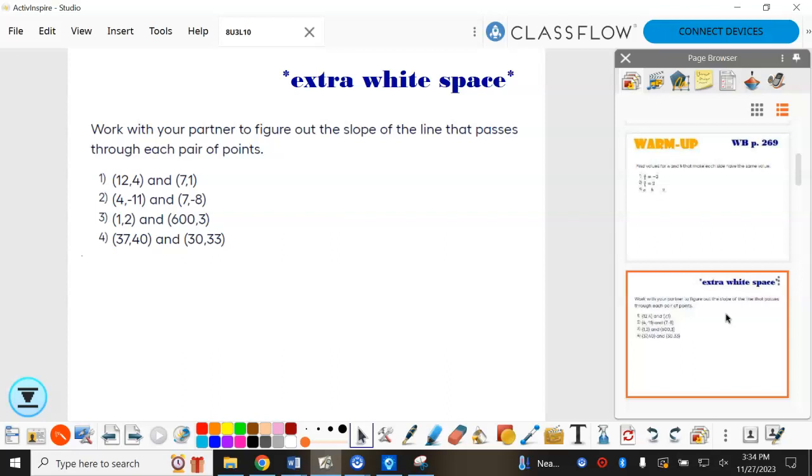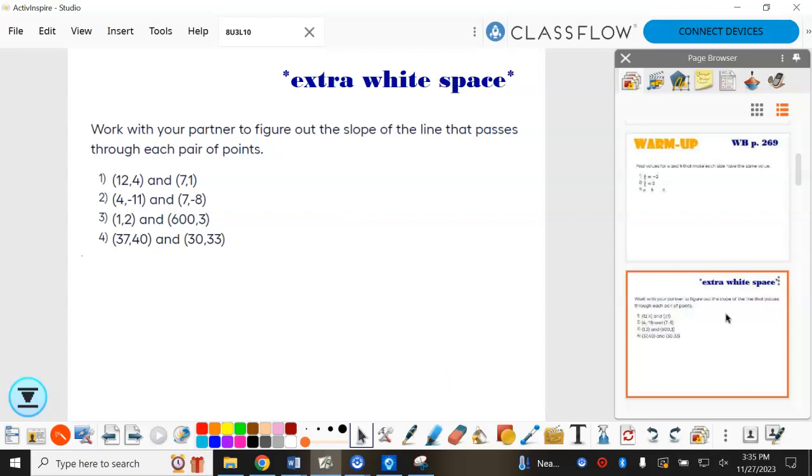Wherever you have some white space. So I'm going to write these on the side. I'm going to show you them in a sec, okay? But I'm just writing 12, 4, 7, 1. For number 2, I'm going to write, oh, I need more room than that. Kind of spread them out because you got to use your formula, right? 4, -11. 7 and -8.